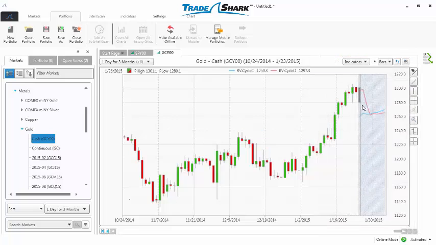And you can see in gold that the composite of the cycles, the blue line, and the dominant cycle projection, the red line, are not running as together as we saw currently in the S&P. Here, it's a much more muddled picture. The dominant cycle is calling for a peak 1 bar into the future on 127.